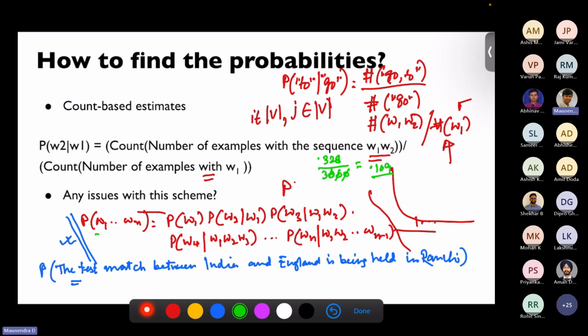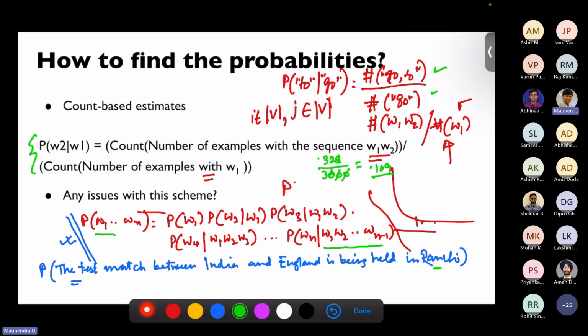Now, one more problem that I see from here is that it came as an answer to my previous question about the estimate: if the numerator or denominator are very rare, the estimates become unreliable. Now here, we'll have to find the probability of Ranchi given this entire thing which comes before it, right?